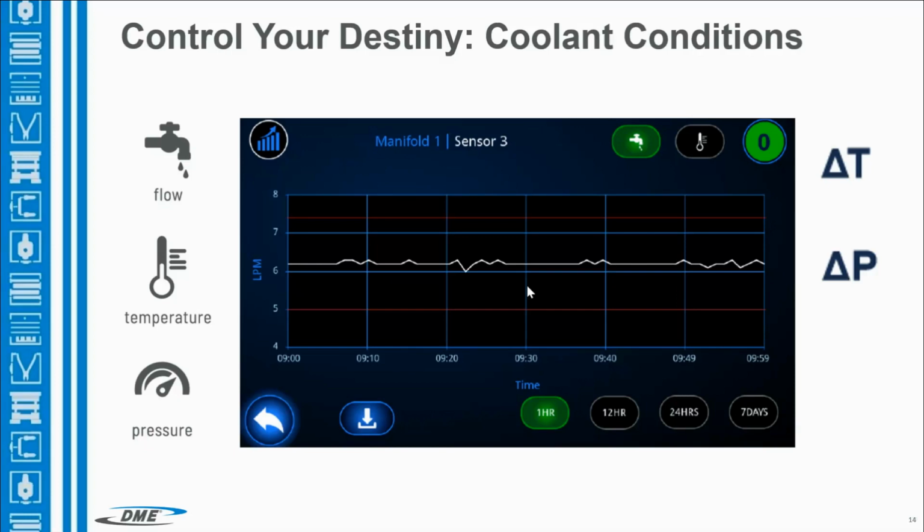And that's what I see time and time again as we get into this optimization piece. We don't have the data to adequately tell us the story of what the problem is. So control your destiny and really monitor your water circuits.